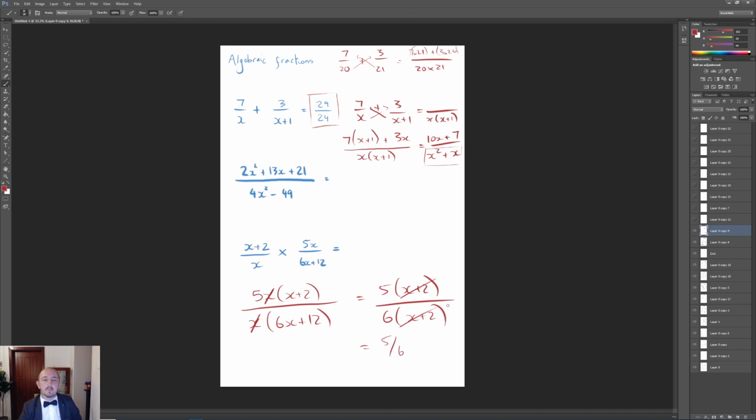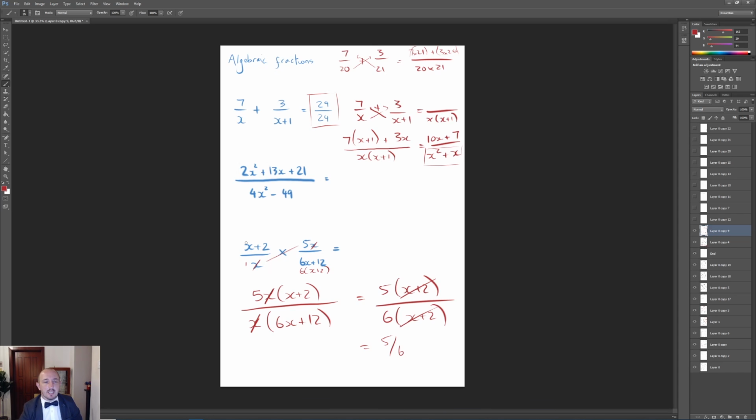Okay? But when we're multiplying two fractions together, we can actually cross cancel. So I'm looking here at x and the 5x here, and I see that there's an x in both, so I'm going to cancel that to get a 1 and cancel that here. The denominator, I can see I've got an x plus 2 and a 6 brackets x plus 2.